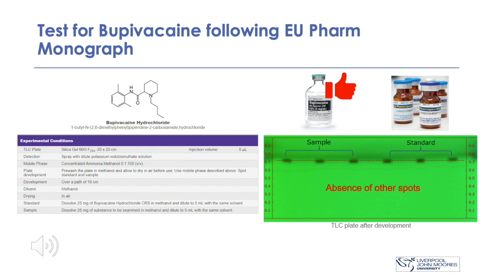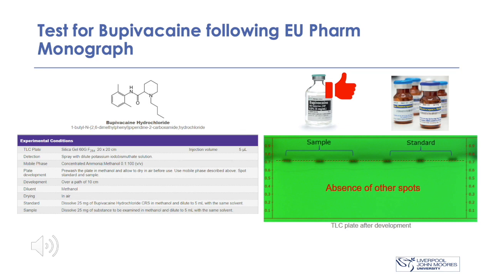You have to buy from them a certified material which is pure compound, and usually this is very expensive. But the analysis itself is really easy, as you can see in the plate on the right.